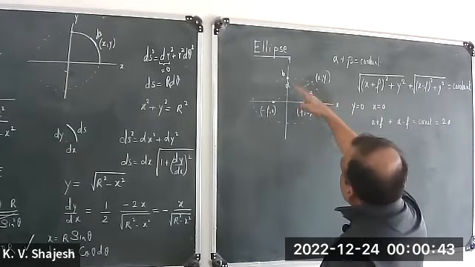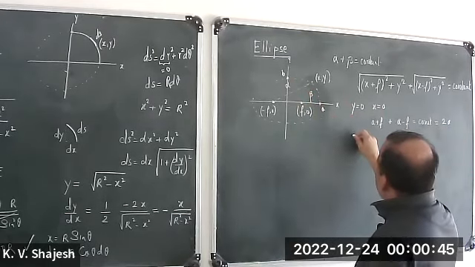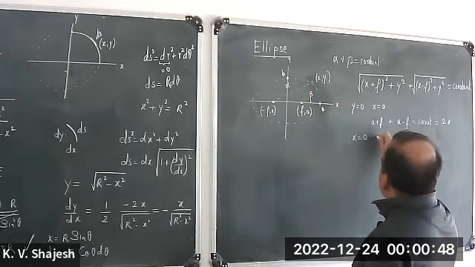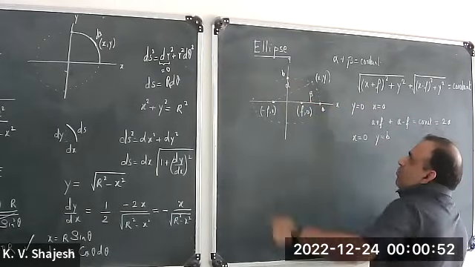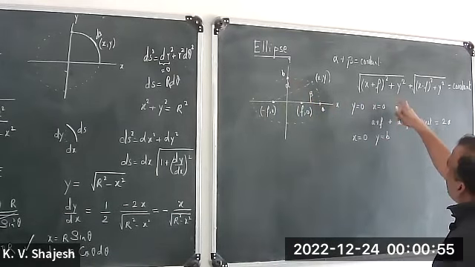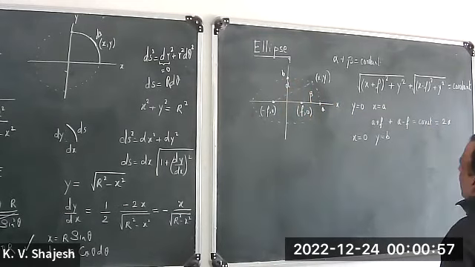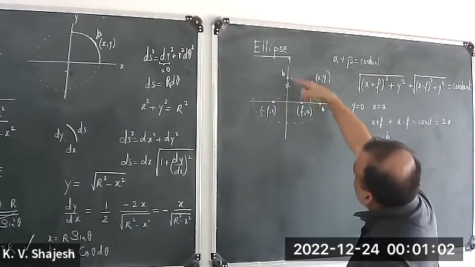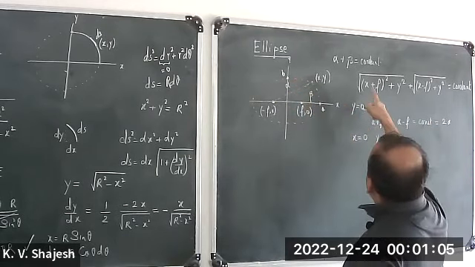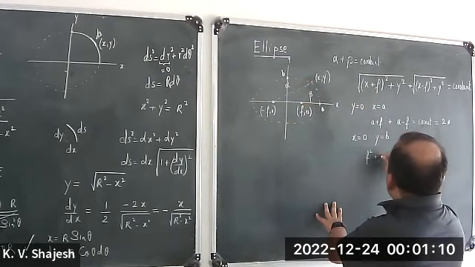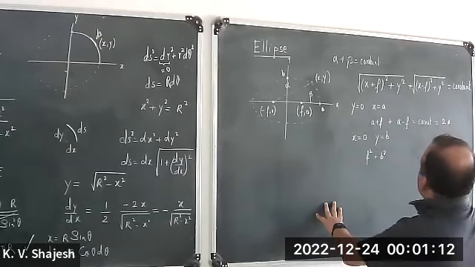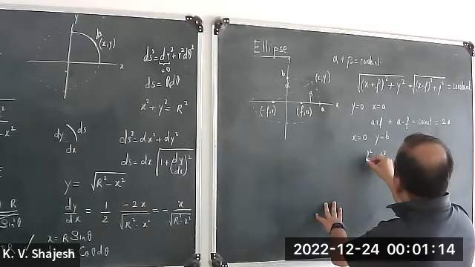I can also learn one more thing, that if I were to set x equal to 0, then y could be equal to b. So let me say that's the point b. This is called the major axis, and the b will be called the minor axis. Then what is the length now? With x equal to 0, this is the square root of f square plus b square, and there are 2 of them, so that's the square root times 2.